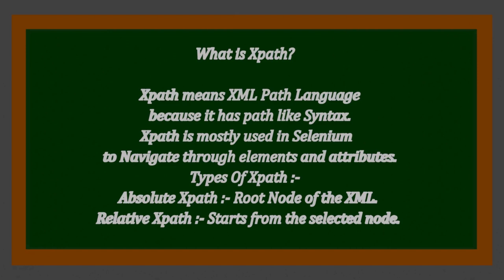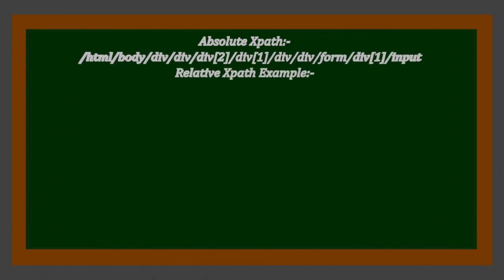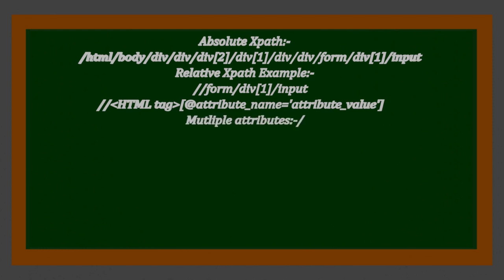In XPath, we have two types. One is absolute XPath, the other one is relative XPath. Absolute XPath, from the word itself, means the absolute path of a web element. And the second one is relative XPath, means you can define your own XPath.